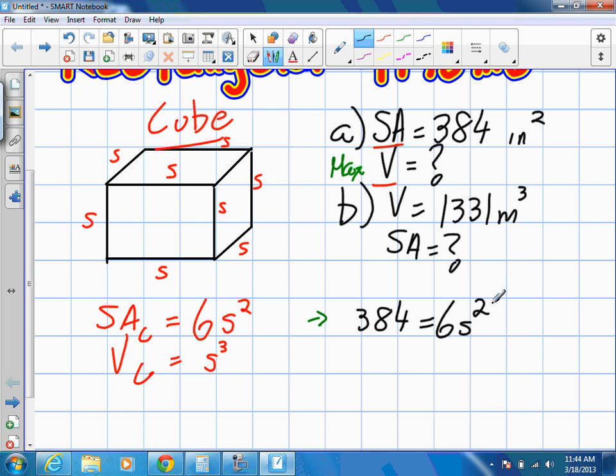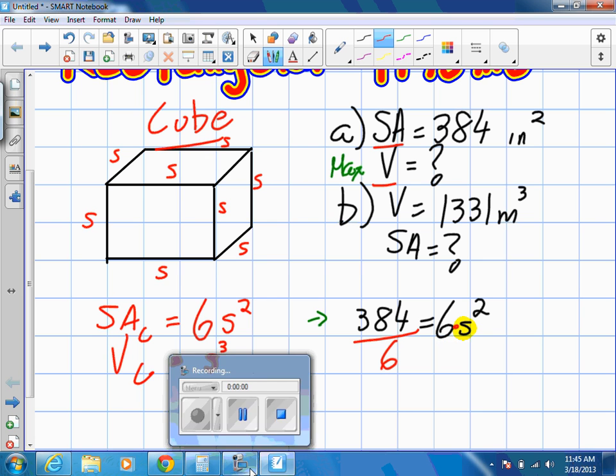Now, how many variables are in this question? Just one. We just have s. So because there's only one variable, we can actually go about solving this. The first step is I'm going to divide by my 6. I'm going to move 6 to the other side, and because it's multiplication here, when I move it over, it'll become division.